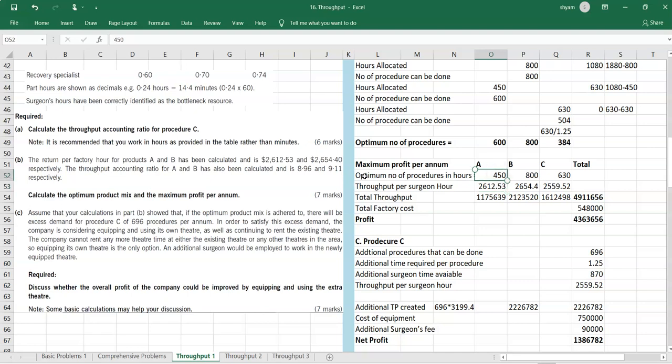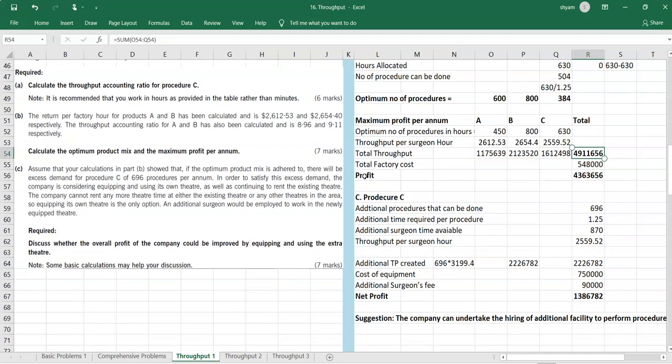So total number of hours for A is 450, multiplied by the throughput per surgeon hour, you will arrive at the total throughput. Add all the total throughputs, and you will arrive at the total for all the procedures. Deduct the surgeon factory cost, and you will arrive at the profit. So that's about the B element here.